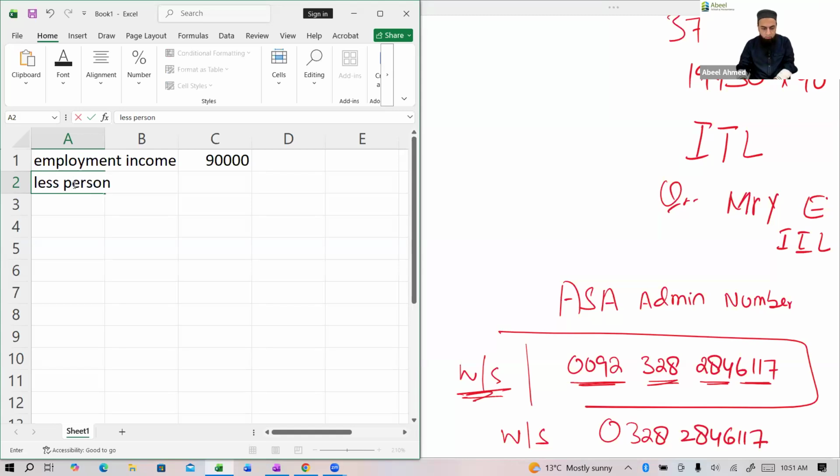We will deduct the personal allowance, which is 12,570 in Finance Act 2025. Previously, it was also the same.